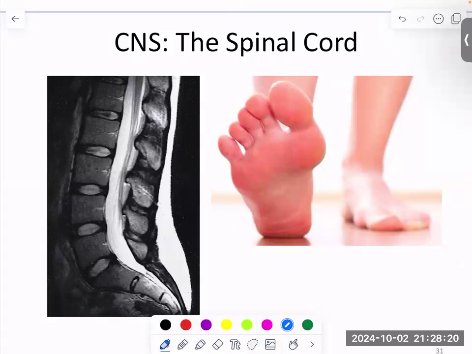The spinal cord. The spinal cord is part of the central nervous system. The central nervous system is responsible for processing info. We talked about many parts of the brain that process info. The spinal cord has a lot of white matter.